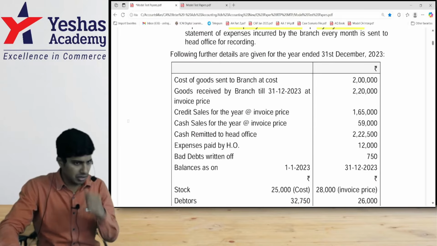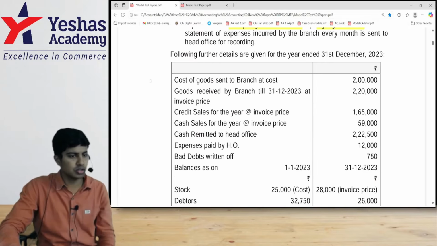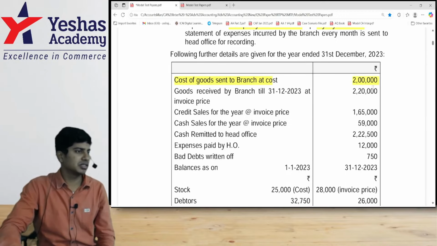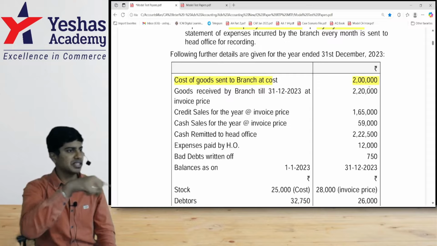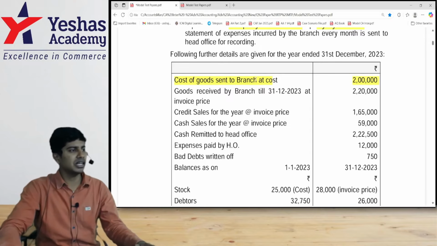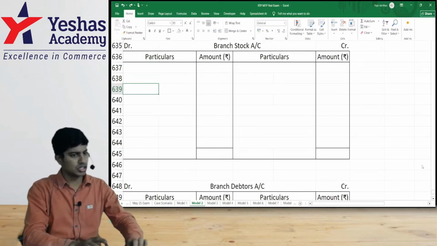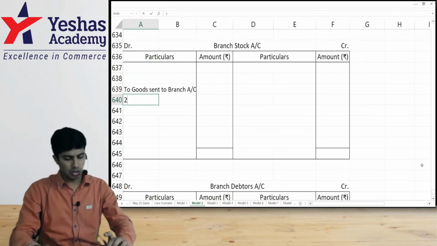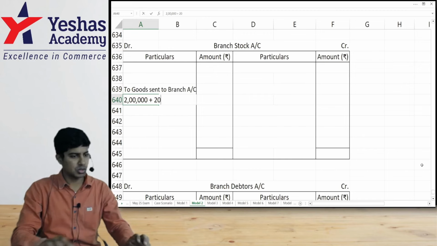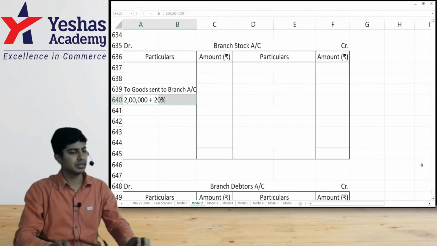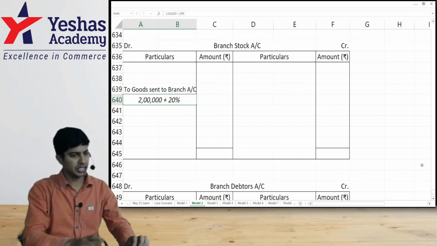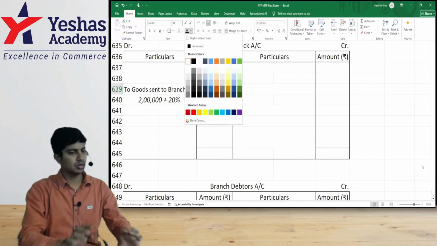To begin with, we have been provided with the cost of goods sent to branch at cost. We need it at invoice price. 2 lakh is the cost. What is the invoice price? Plus 20%. 2 lakh plus 20%, so in my branch stock account, I would write to goods sent to branch, how much is that? 2 lakh 40.